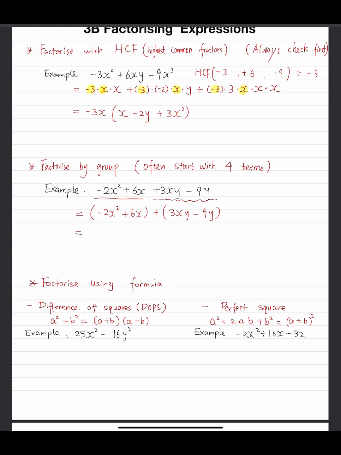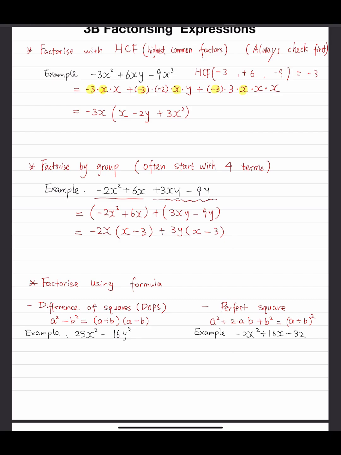You have a factor of negative 2x, that's the highest common factor for the first 2 terms in the bracket, and here you have x left, and then a -3 left. Now when I do the same for the second one, I have a common factor of 3y, and when I take that out, I get x minus 3 left.